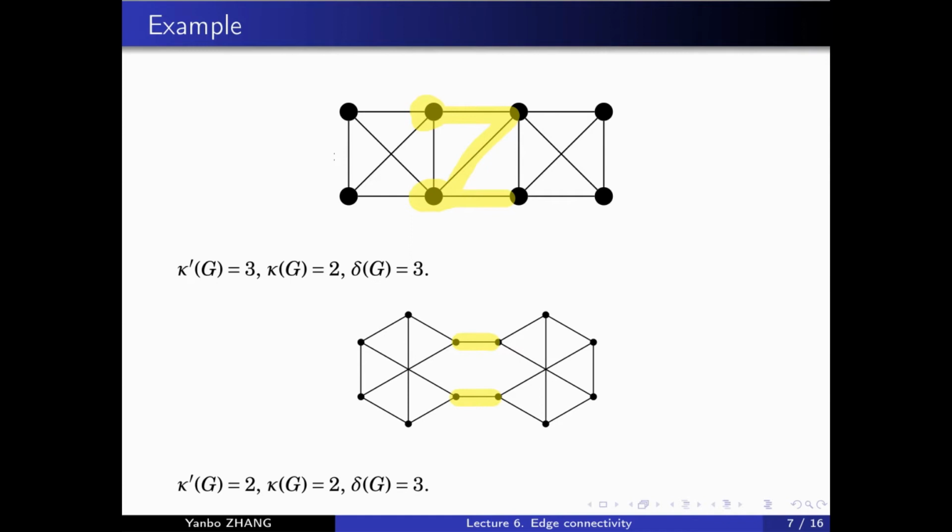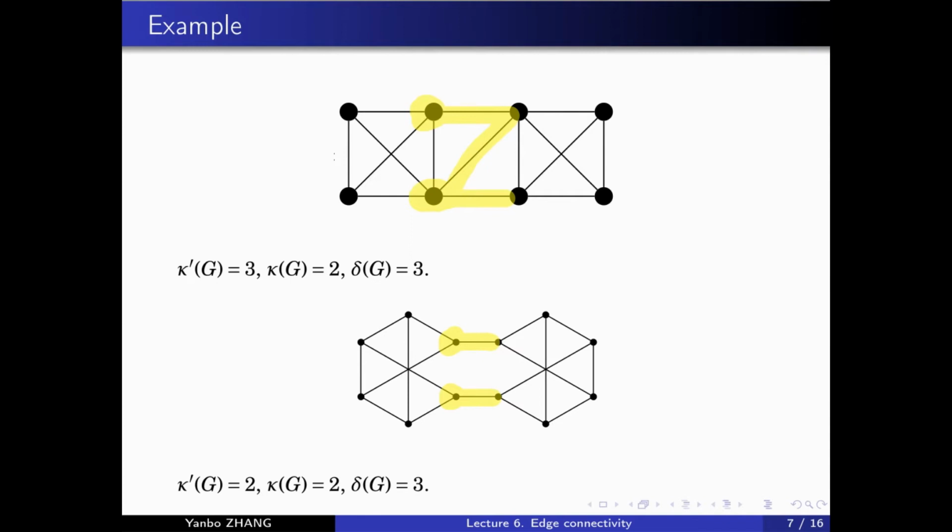Its connectivity kappa G is also 2, because these two vertices disconnect the graph. And if you delete any single vertex, the graph is still connected. It's easy to check that its minimum degree is 3.